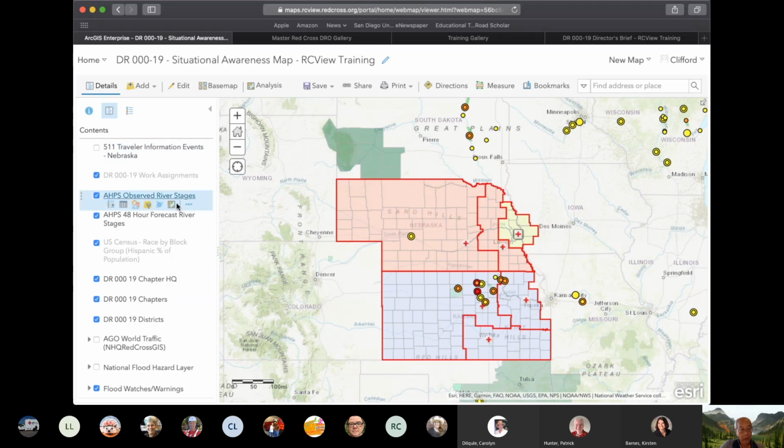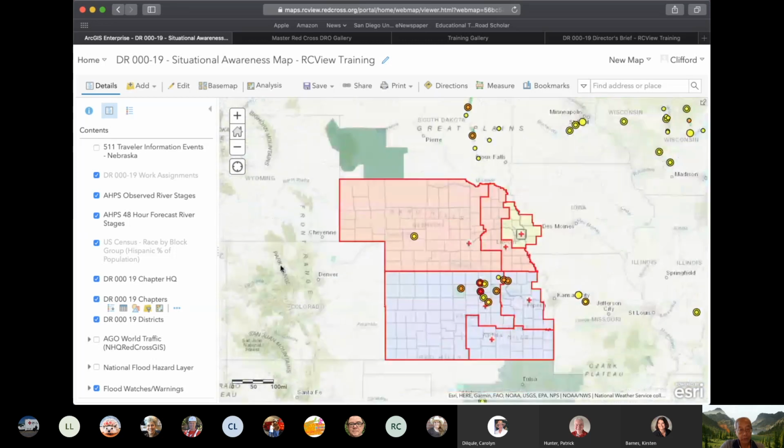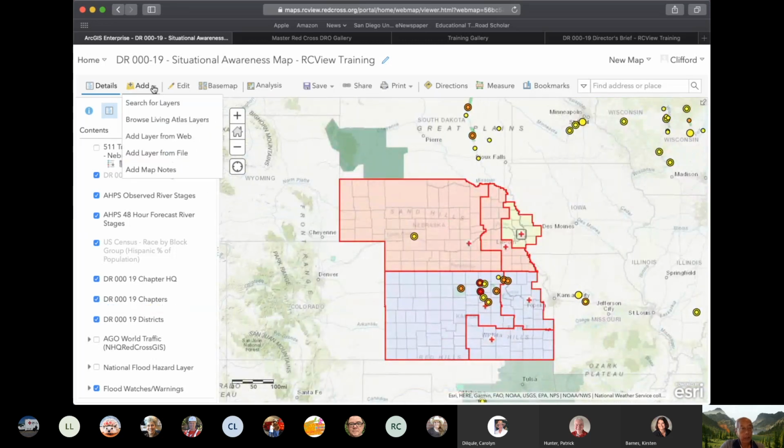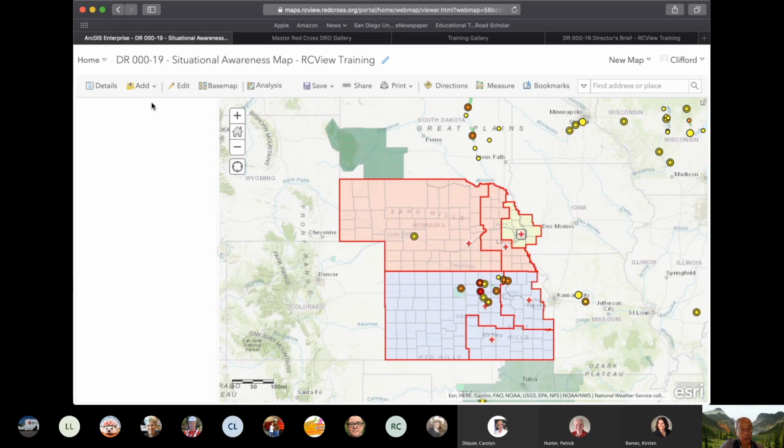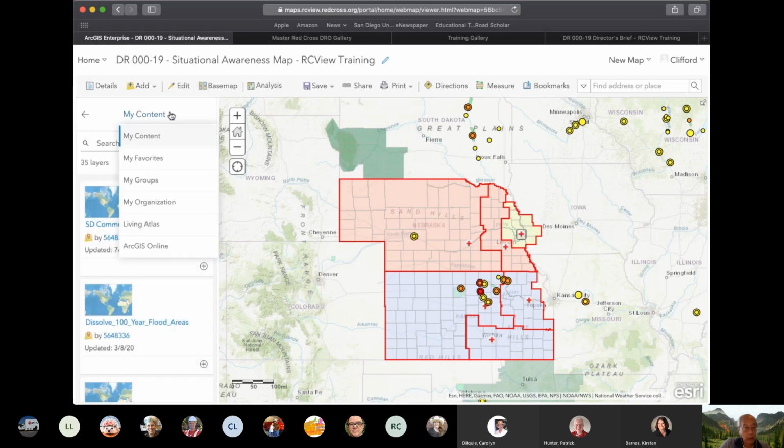So getting back to the question, here are the layers that you had seen before. To add a layer, I click on this Add plus. I can look for a layer. I have a number of layers which have been curated. I'll do a search here. I'm going to look at my organization.